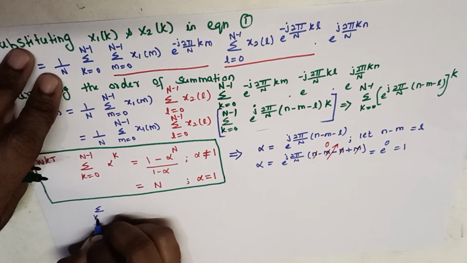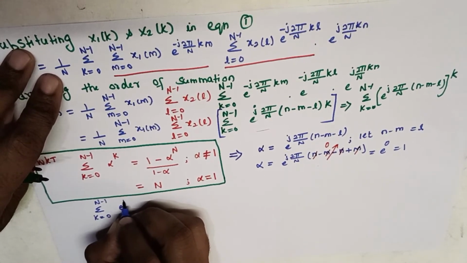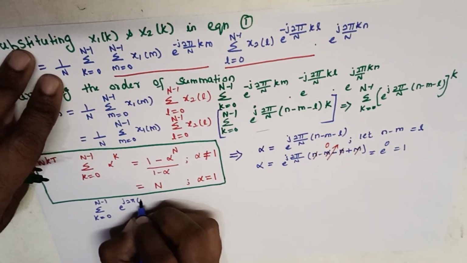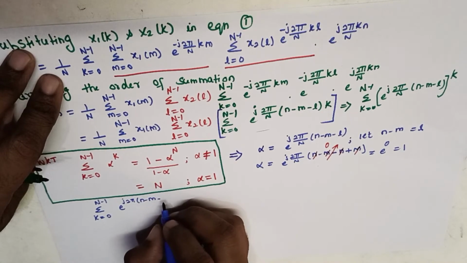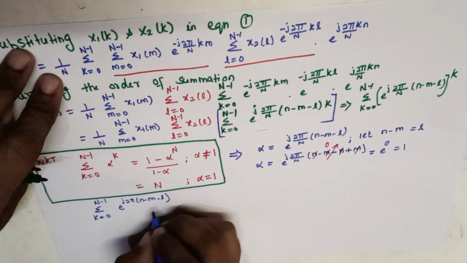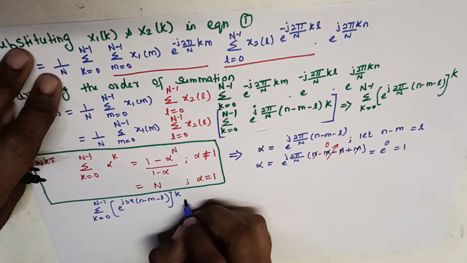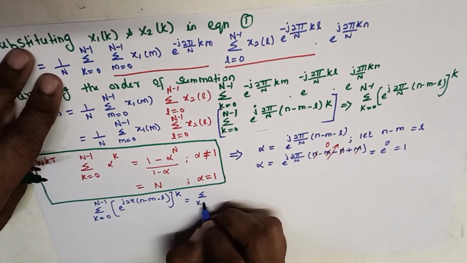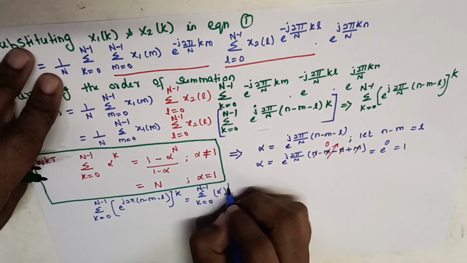summation k is equal to 0 to n minus 1 e power j 2 pi by n, m minus l, power k, which is nothing but summation k is equal to 0 to n minus 1 alpha power k.